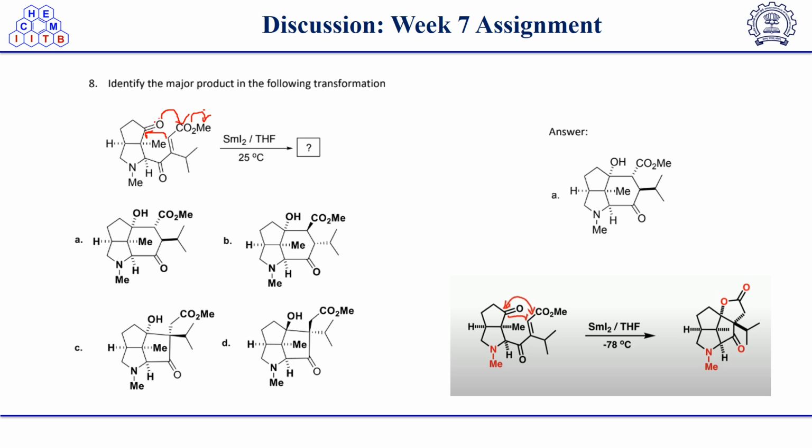So that will result in the formation of one, two, three, four, five, six membered ring. Six, right? One, two, three, four, five.